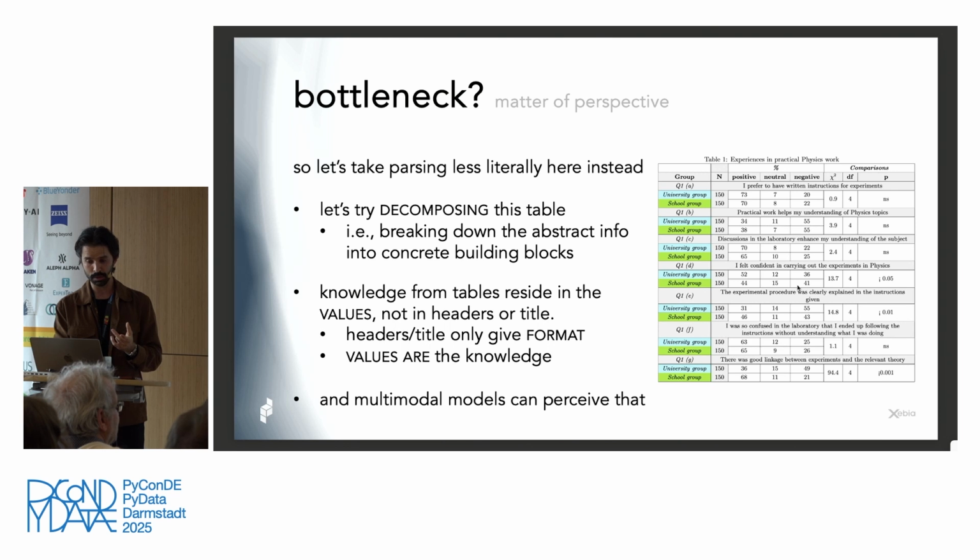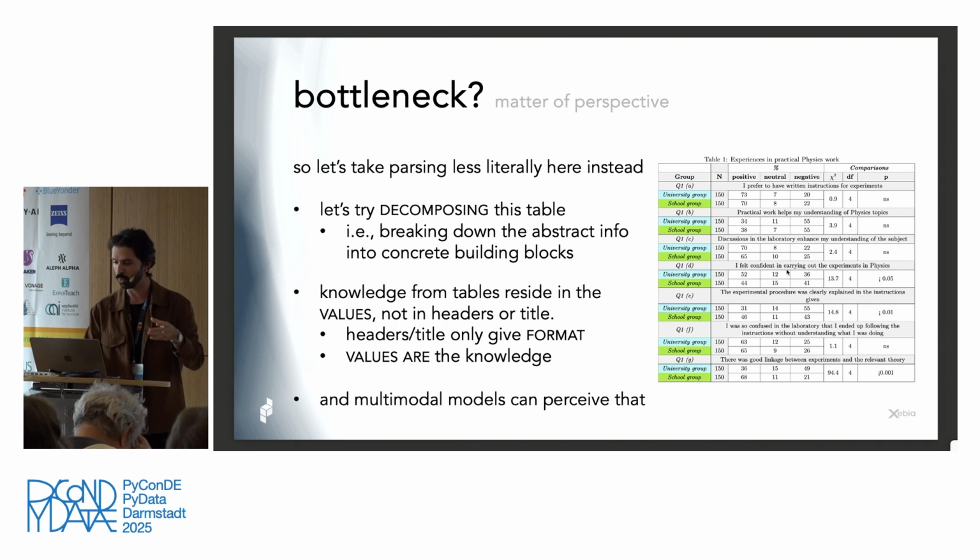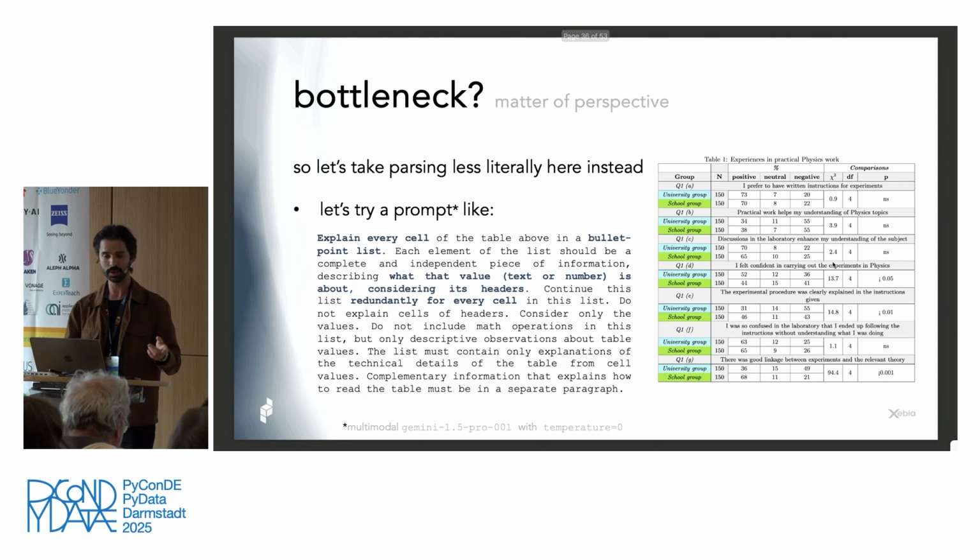And let's say the knowledge resides in the values. The headers give format to what 70, 2.4 means. But 70 and 2.4, they are the knowledge. They just need to be shaped. And with that rationale, we can use a prompt like: explain every cell in here, right?